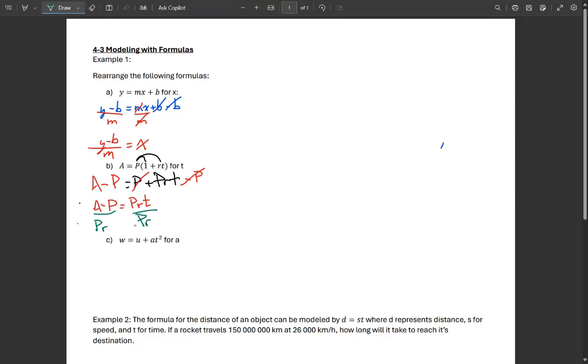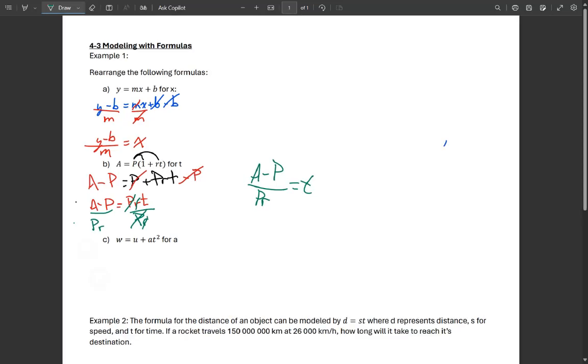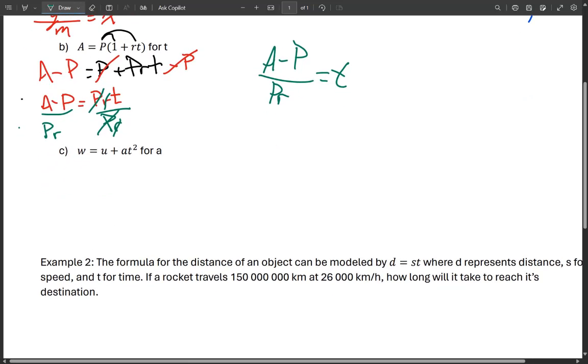And what happens is p cancels out p, r cancels out r. I'm left with a minus p over pr equals t. Okay. Let's move on to the next one.